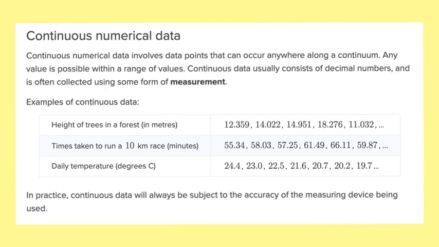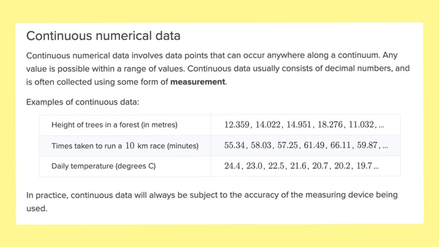You could argue that height, or even time taken to run a 10-kilometer race, could be given as discrete data, because let's take the race. It's going to be rounded usually to the nearest hundredth of a second.